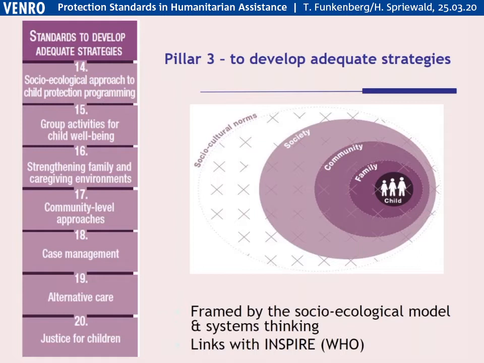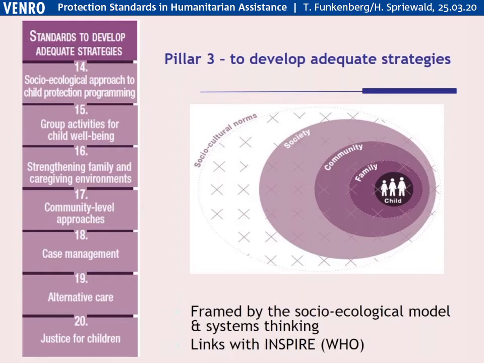And the family is nested in a community, and the community is part of the society. So we have to look at a systematic, system-thinking approach. And group activities for child well-being, for example, set up child-friendly spaces and offer activities for children, and strengthen the family and caregiving environments, meaning also include parents in the protection activities and also key stakeholders, for example, from the community.